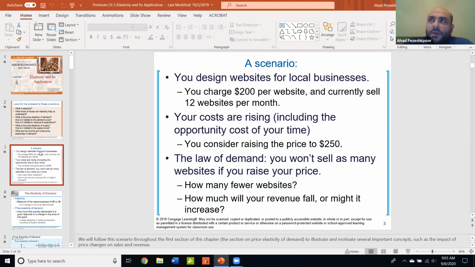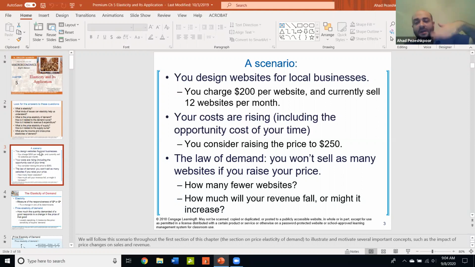Now, you can say, okay, law of demand says that if you raise your prices, you will be definitely selling fewer goods or less material. But then he says, I know that. I'm a super smart person. I'm a CEO of a huge company, so I know that. These are common sense. But how much fewer? How much less? This is the question I want you to answer. I want the number. And if you want to give an exact number, you need elasticity.